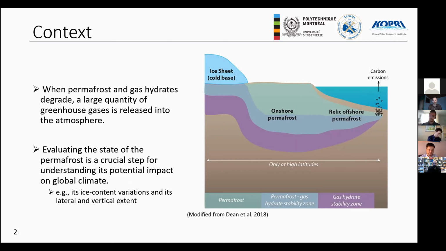If permafrost degrades, those greenhouse gases could migrate to the atmosphere, increasing global warming. Therefore, evaluating the state of the permafrost is a crucial step for understanding its potential impact on global climate.